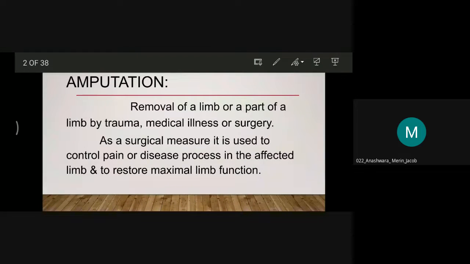So basically, we do amputation as a surgical measure to alleviate pain and other symptoms, or to restore limb function with the prosthesis which we give to the patient after amputation.